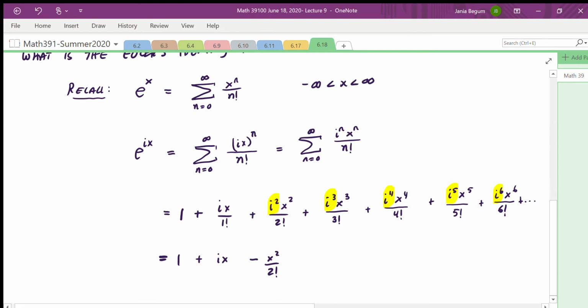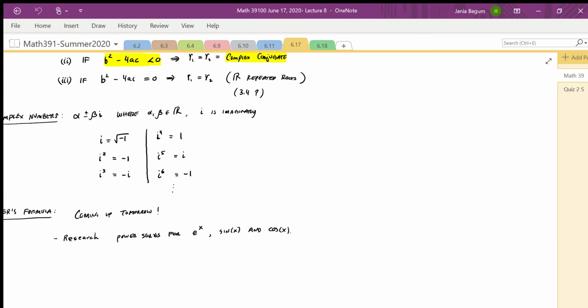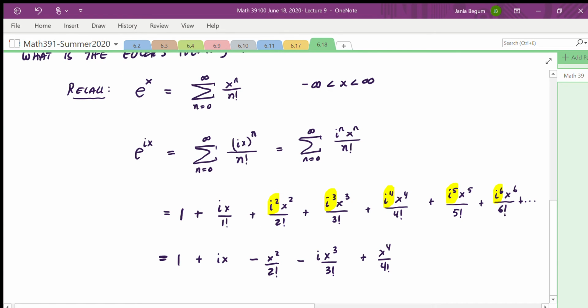So i cubed is negative i, so we have negative i x cubed over 3 factorial, and i to the fourth, that's positive 1, so we have plus x to the 4th over 4 factorial, and then i to the fifth, if you remember, that was i, so this would be plus i x to the fifth over 5 factorial, and the last one, i to the sixth, that's going to be negative 1, so that's negative x to the 6th over 6 factorial.